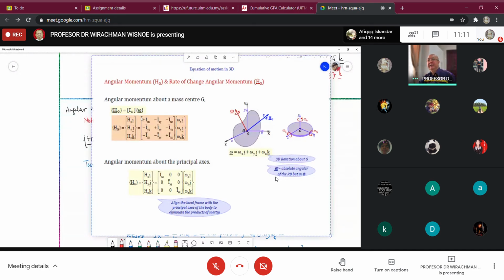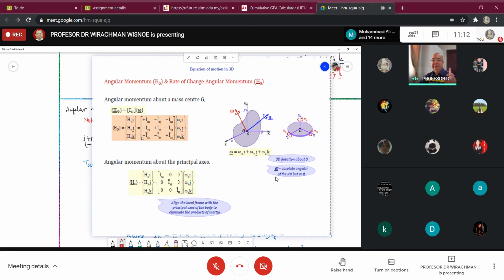Okay. Ig is a tensor. Tensor is a matrix, like this. The diagonal here is the moment of inertia with respect to the principal axis. Previously, I talked about the principal axis. And then the Ixy, Ixz, Iyz, all these represent what we call the product of inertia.